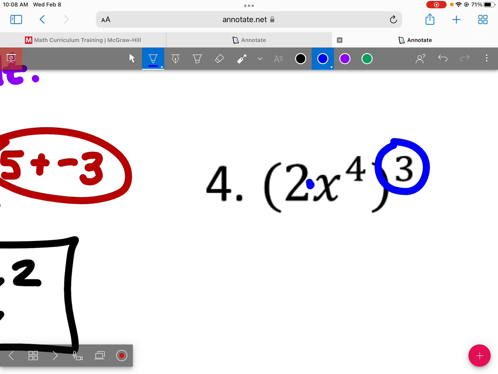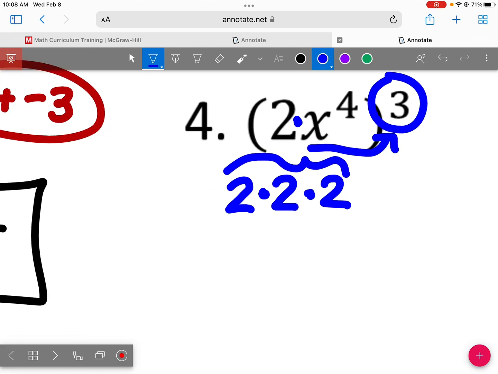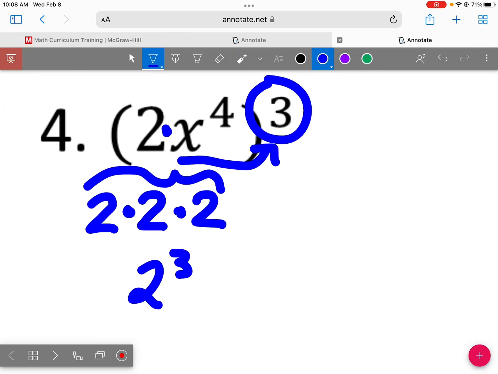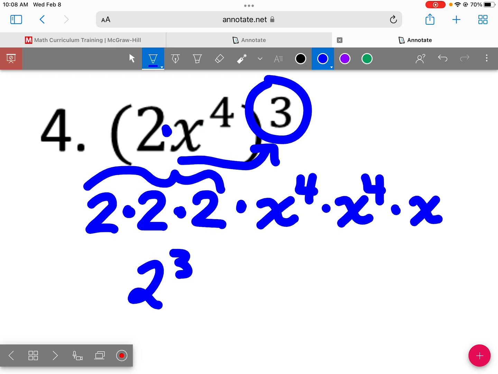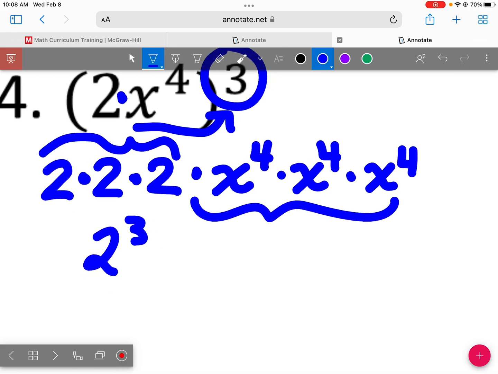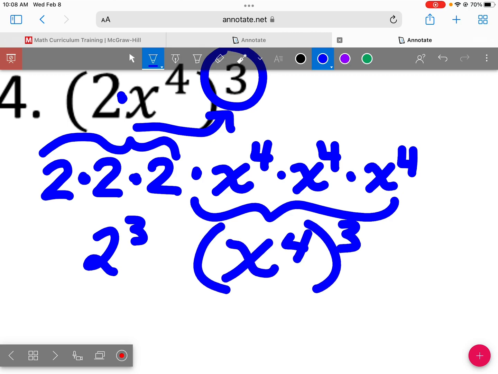Right now this is being multiplied, so I have 2 times 2 times 2. That's coming from this. So that's 2 cubed. And then x to the fourth times x to the fourth times x to the fourth. So that would be x to the fourth to the third power.